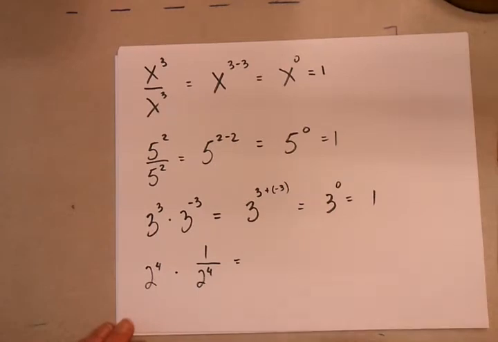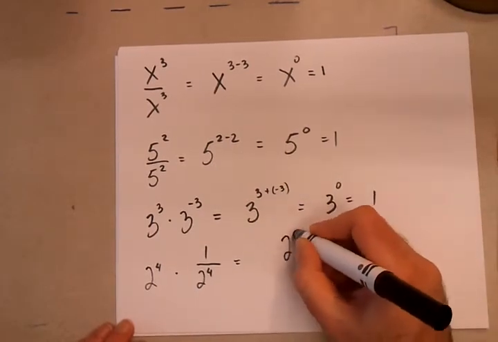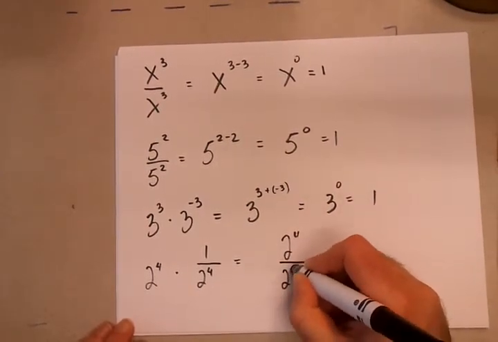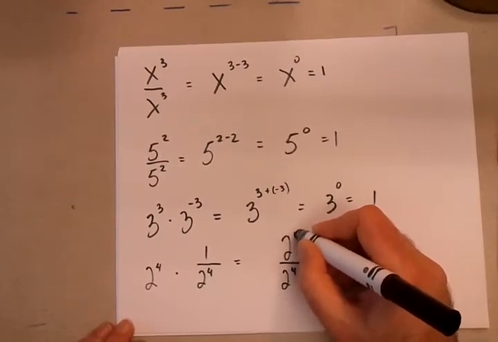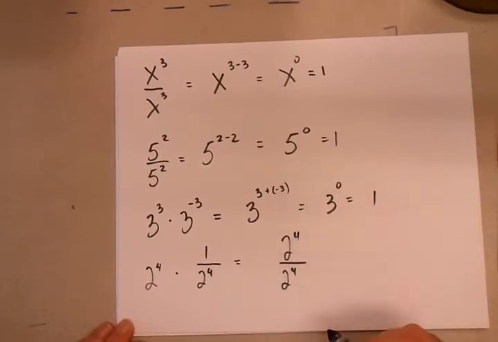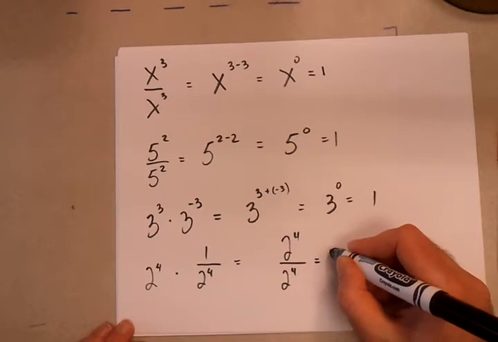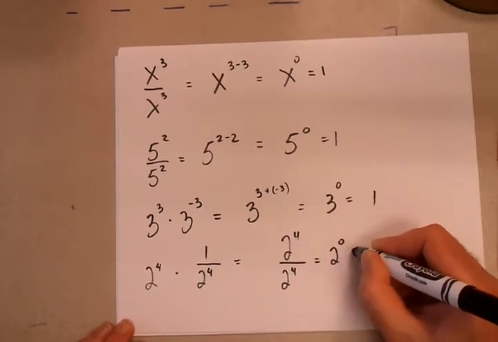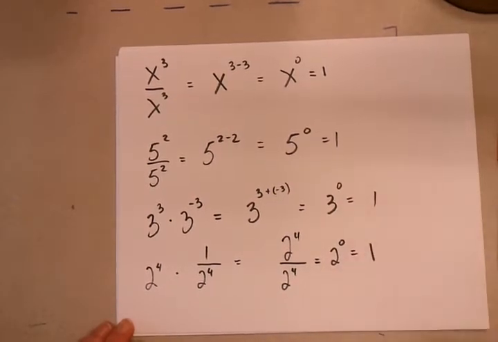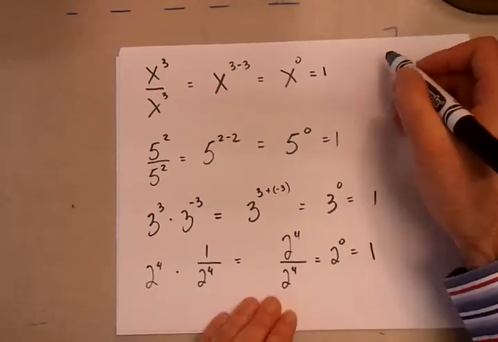It's 2 to the 4th power over 1. So it's going to look like this. And then you would subtract your exponents, 4 minus 4, which gives you 2 to the 0 power, which is 1.